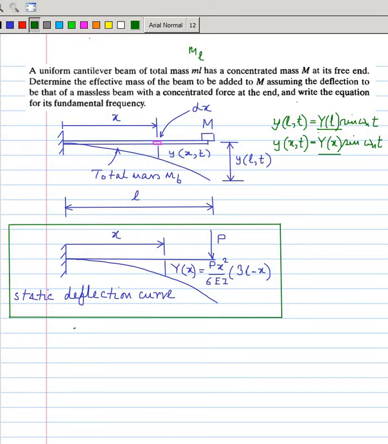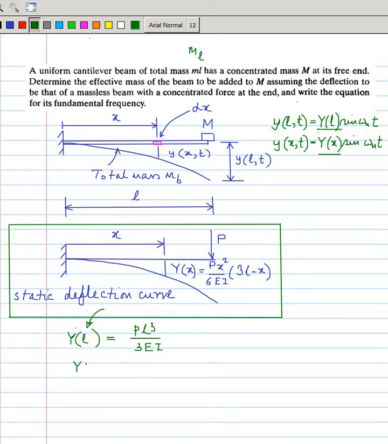From here you get that y at L is equal to P L square by 6EI into (3L minus L), so 2L, so this is PL cube by 3EI, and this is y at x.